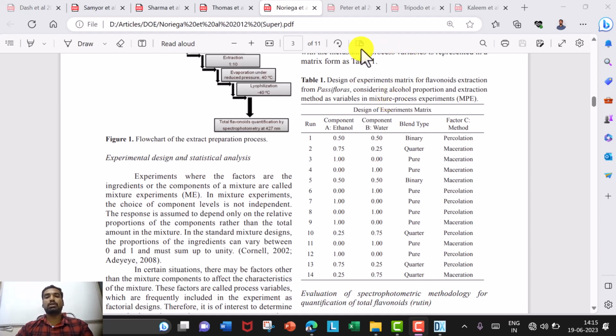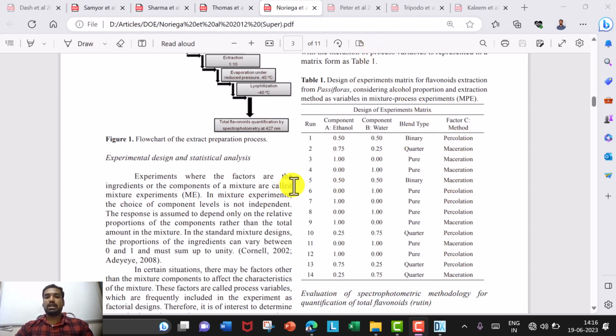But in categorical, we have to put which method, for example, hot or cold or something like that. Here he used the categorical type for factor C. He used two methods, percolation and maceration.